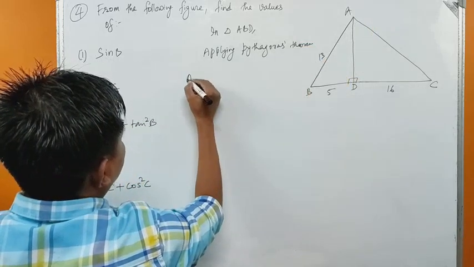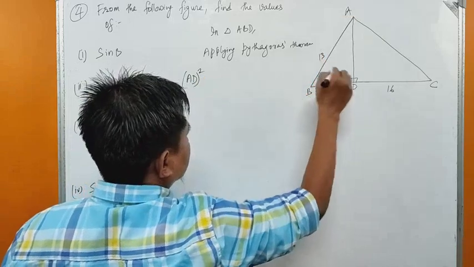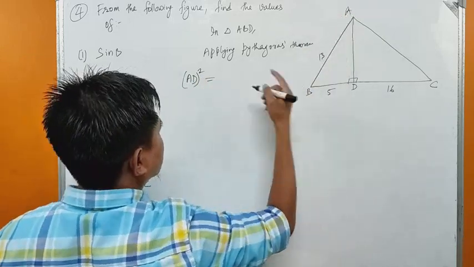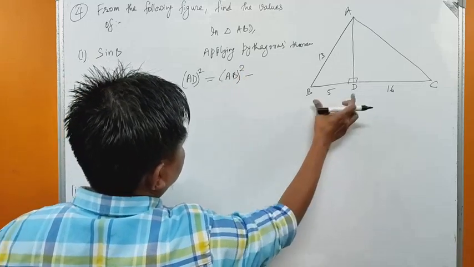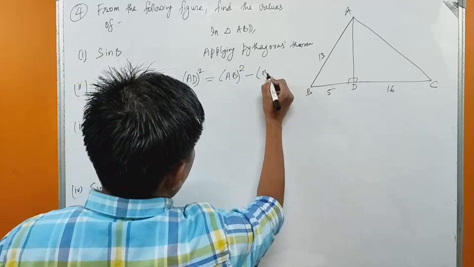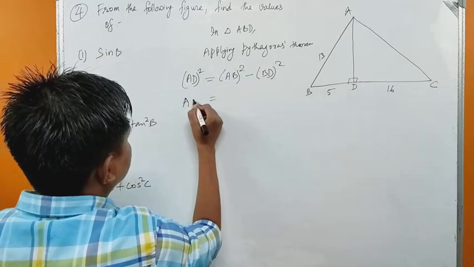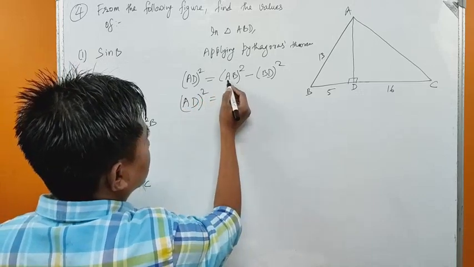So AD square, AD is the perpendicular, AD square equals hypotenuse square, that is AB square, minus base square, BD square.